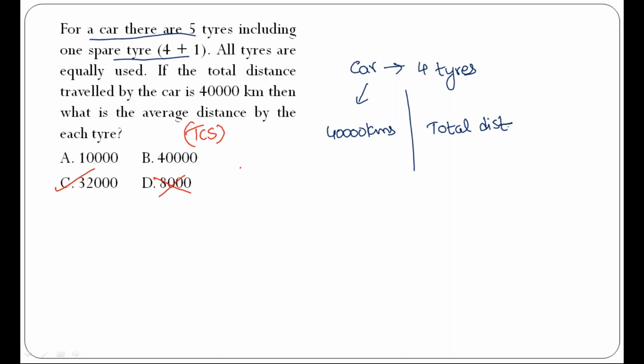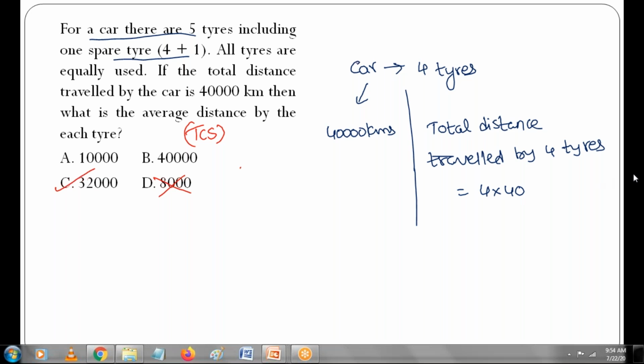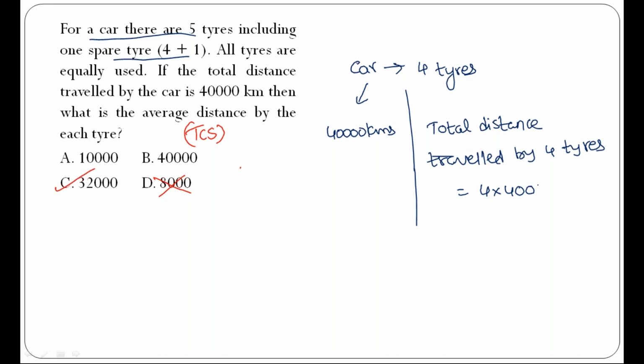Okay, the car traveled 40,000 kilometers. In the sense, each tire has traveled 40,000 kilometers. As we have four tires, we have to go for 4 into 40,000 kilometers as the total distance traveled by the four tires, right?